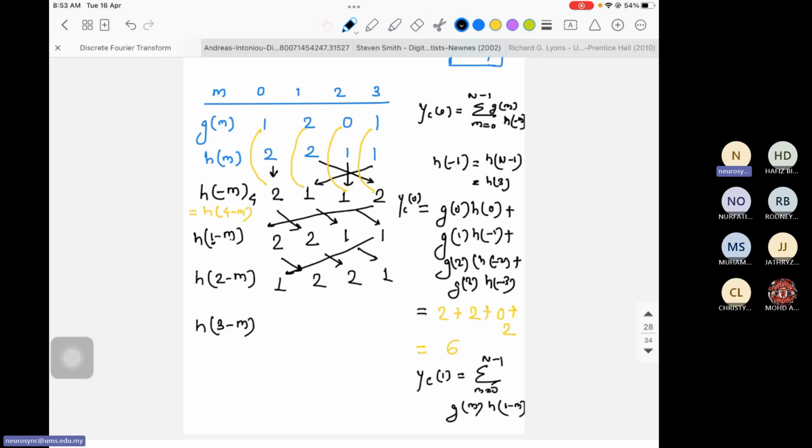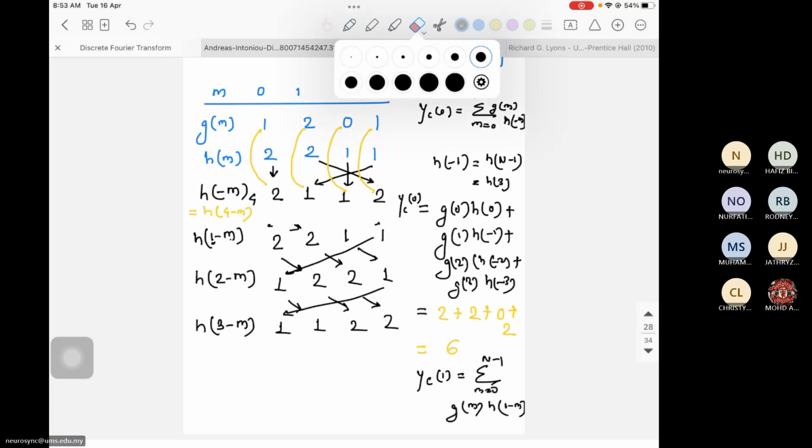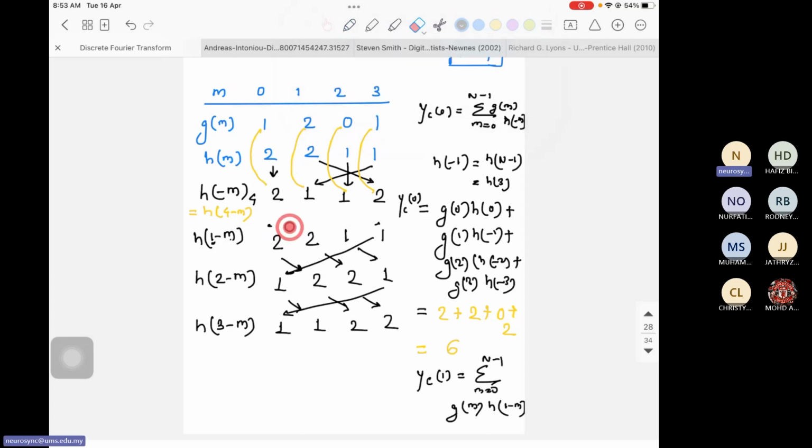Again, this will shift by 1. Therefore, this 2 will come here and this 1 will come here. So with this shortcut, you can write this table like this. Now, this is basically confusing, so I will remove these arrows.